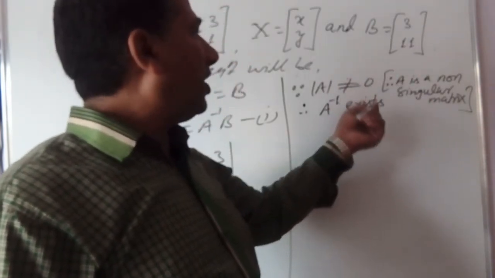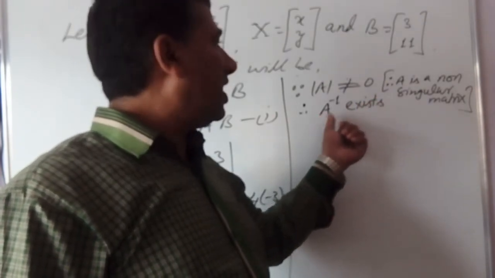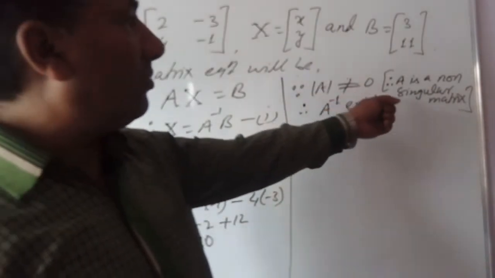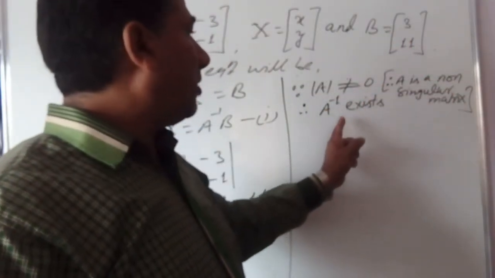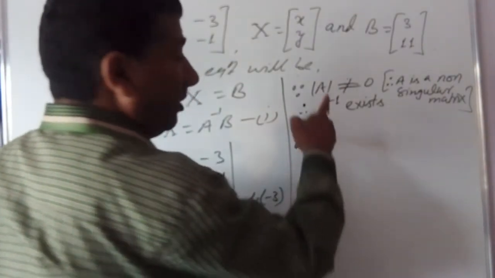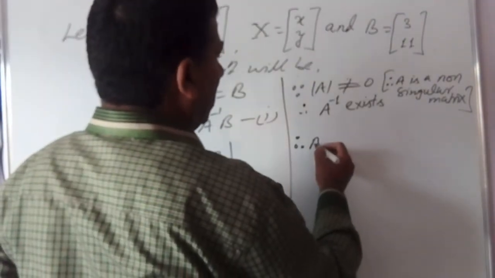And if the matrix is non-singular, then we can find its inverse. That's why A inverse exists. This is the method: find the determinant, check whether it's singular or non-singular, then find A inverse. Now that the inverse exists, we are going to find the value of A inverse.